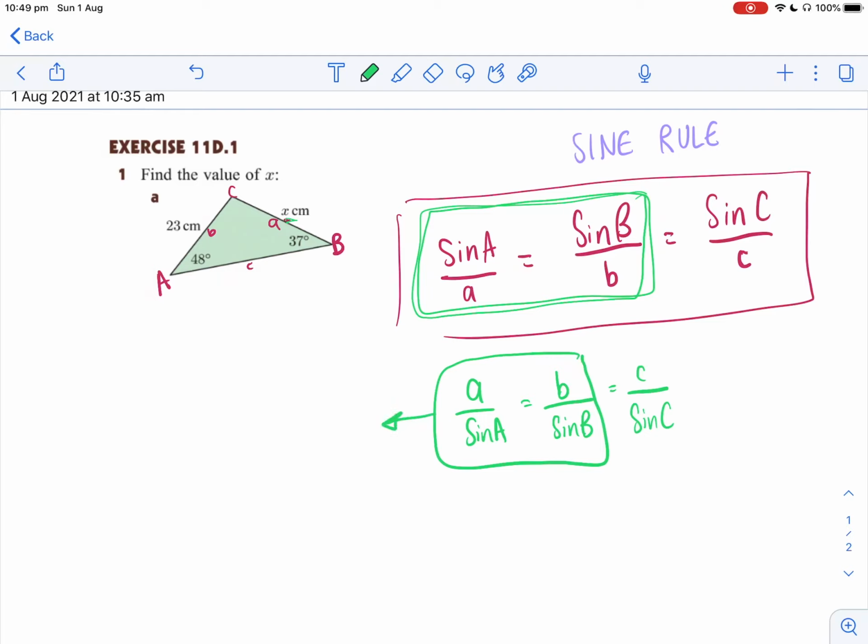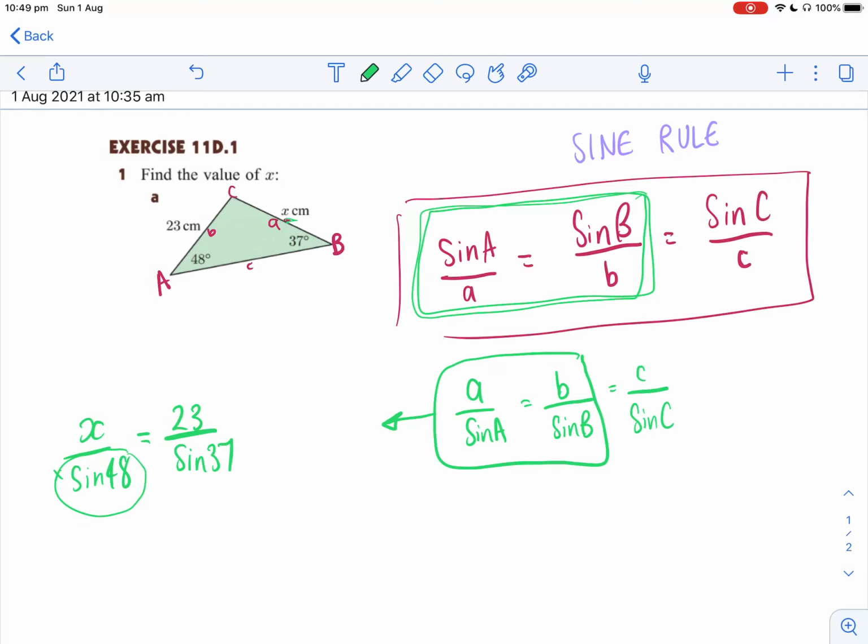So I'm going to sub in my values, so it would be x on sine 48 equals 23 on sine 37.